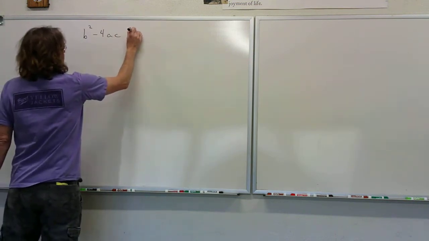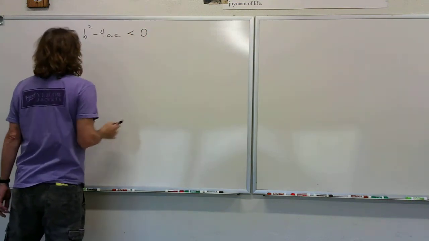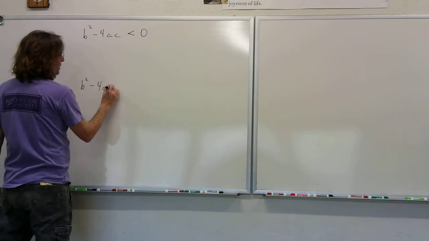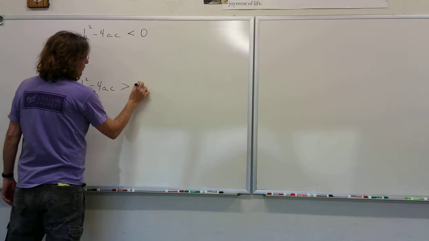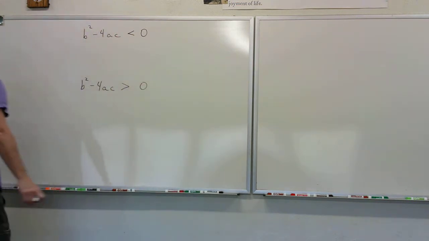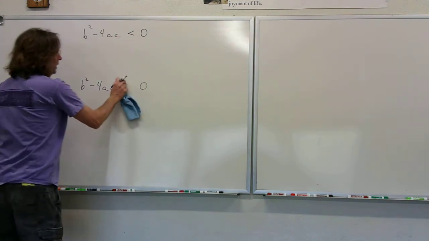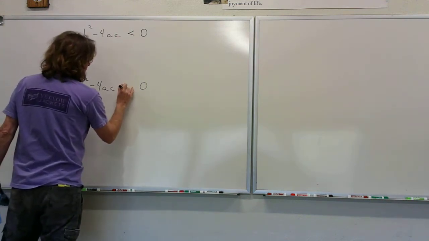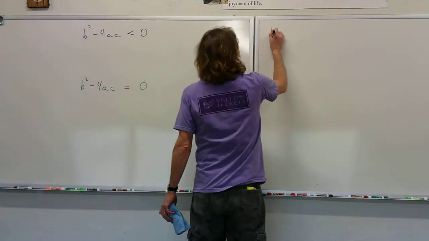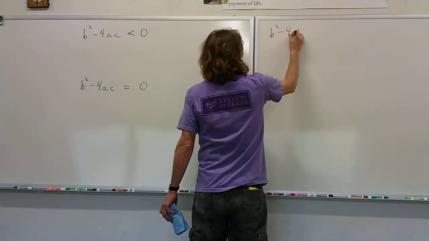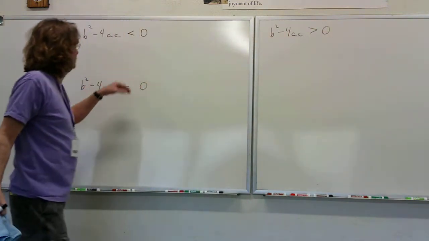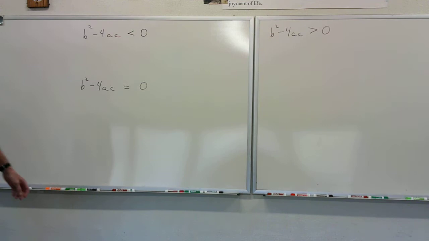It can be less than 0. b squared minus 4ac can equal 0. Oh, Mr. Evans did it in the wrong order because I want to put equal to 0 there. And then the only other option is b squared minus 4ac is greater than 0. That's the only three options you can have. Less than 0, equals 0, or greater than 0.